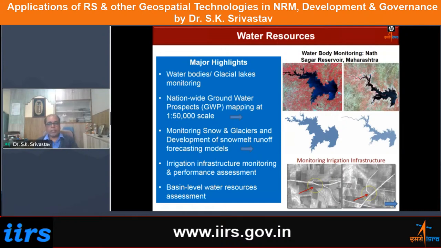So there are many inputs which are required to be given to the hydrological models for water resource assessment. Many of them can be derived nicely from the satellite data sets, and then provided to the hydrological model. So these are the major applications for water resources.